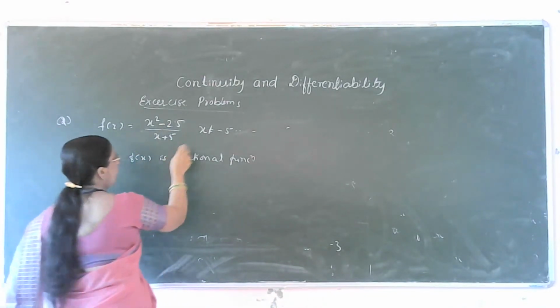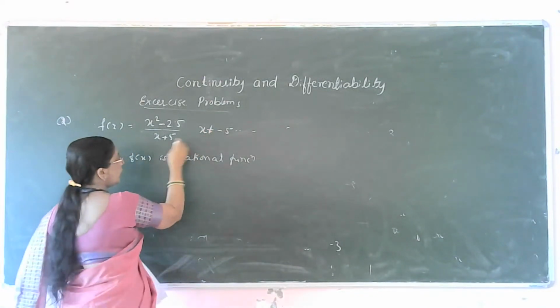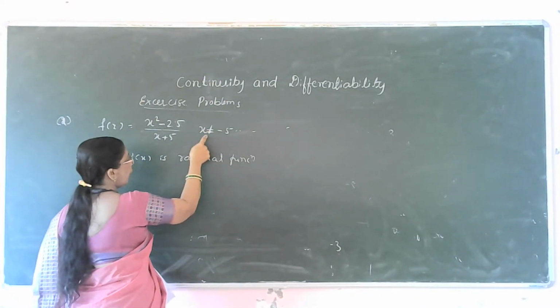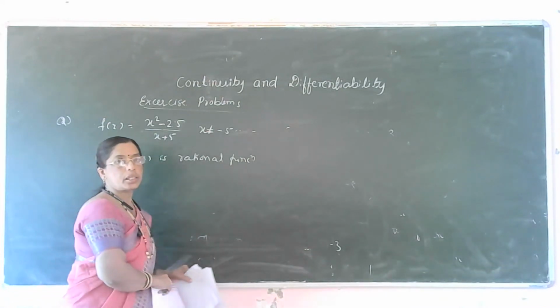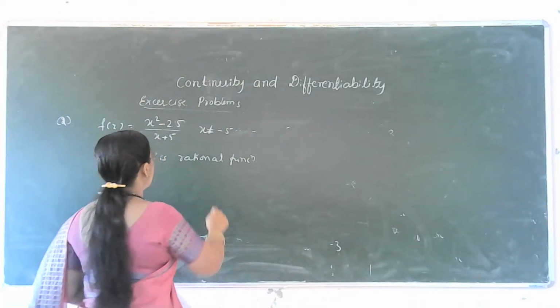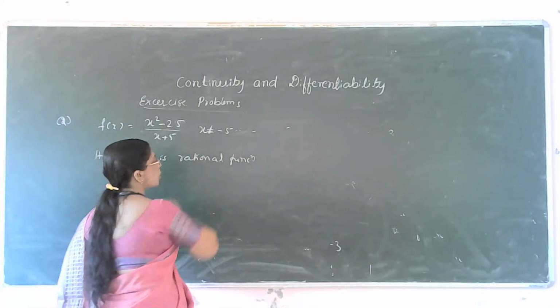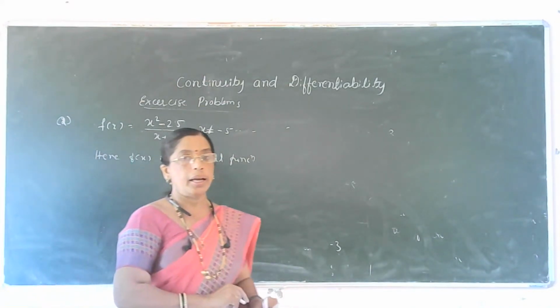The denominator x plus 5 is not equal to 0. If x is minus 5, the denominator is 0. Therefore the domain excludes x equal to minus 5.